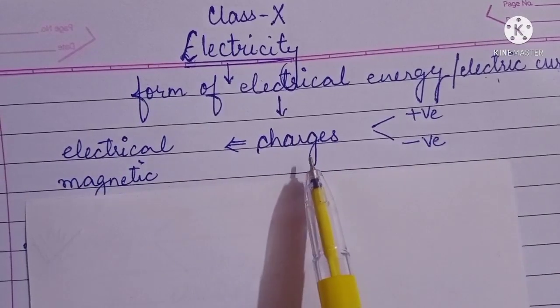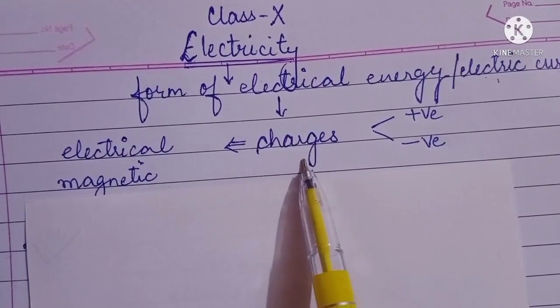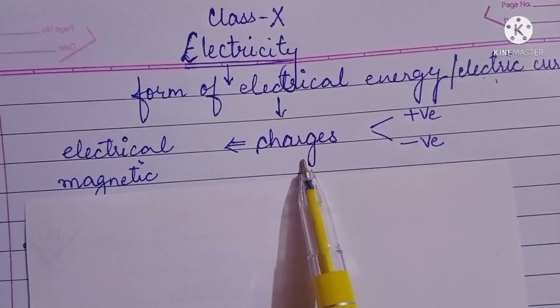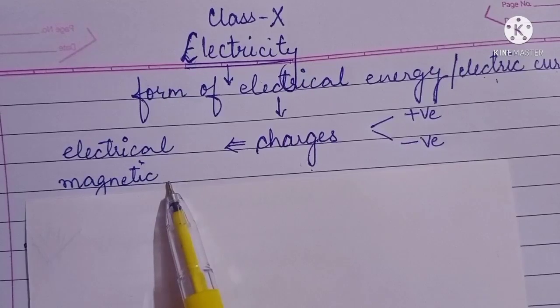So what is charge? What are charges? And how do we define them? First of all, what is a charge? Charge is the intrinsic property of any object due to which it shows electrical and magnetic phenomena.